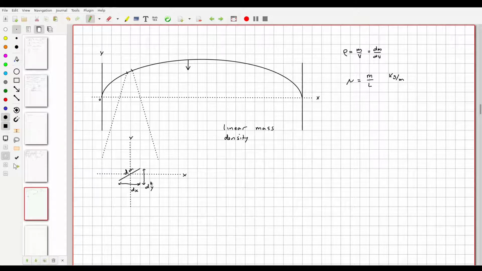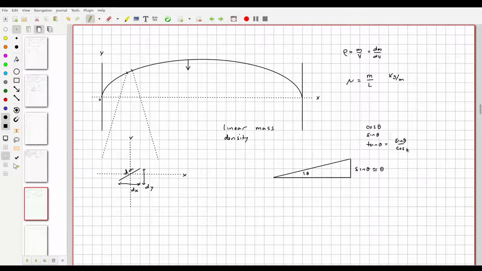The reason is, as I pointed out in the last lecture, if your angle is small, then the sine of that angle, the opposite side here, is going to be more or less just the angle.